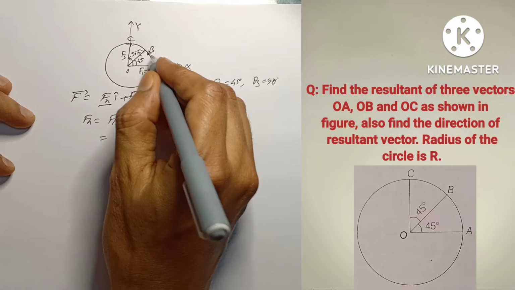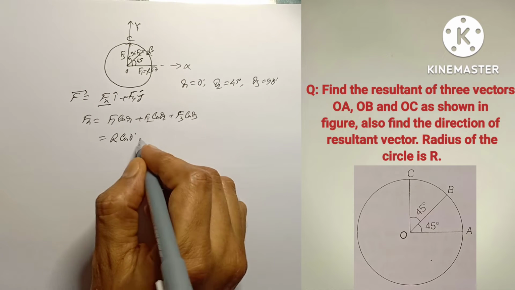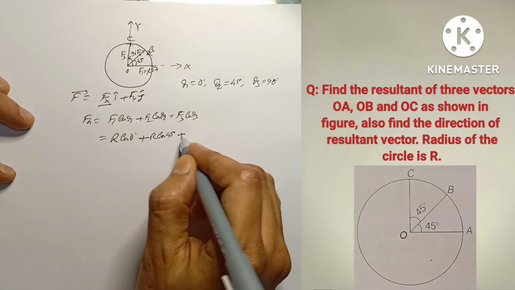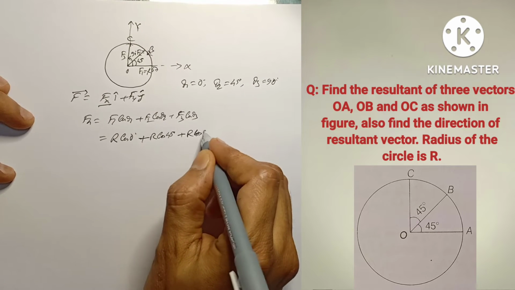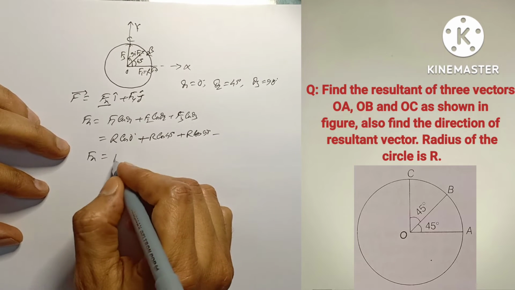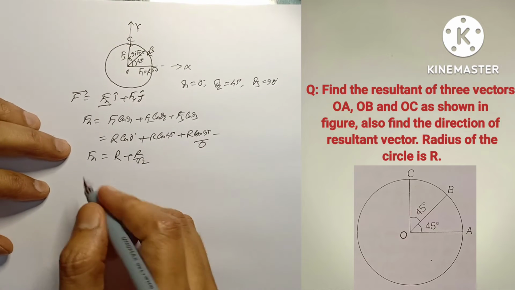So we can write all this length equal to r cos 0 degree plus r cos 45 degree plus r cos 90 degree. So in this way we can calculate fx equal to r plus r divided by root 2, and this is 0.